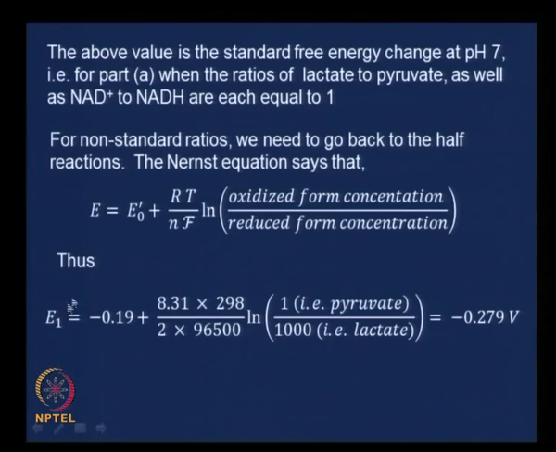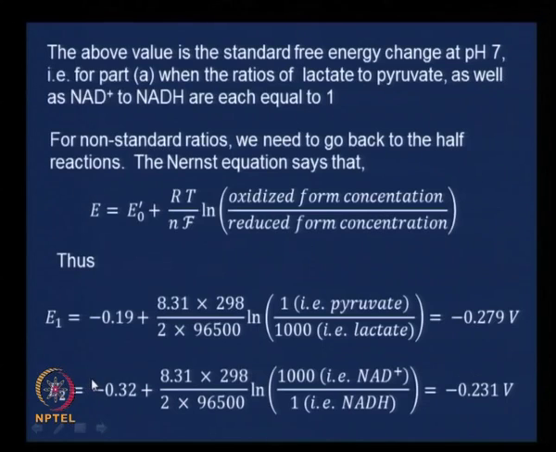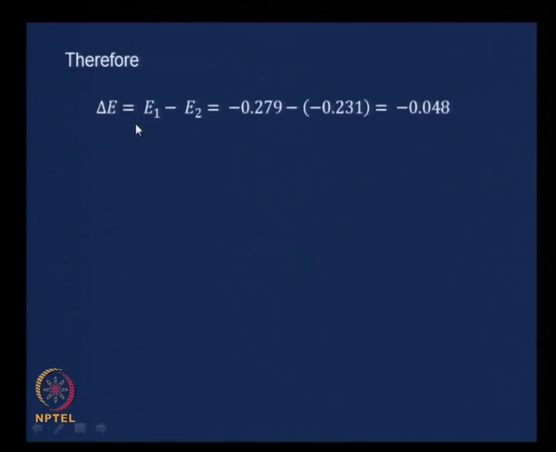Therefore E1 turns out to be minus 0.19, E naught dash, plus RT by nF substituted here, log of 1 by 1000, the ratio was 1000 of lactate to pyruvate, therefore pyruvate to lactate turns out to be 1 by 1000, which is minus 0.279 volts, and E2 in a similar fashion happens to be minus 0.231 volts, and therefore delta E is E1 minus E2, which is minus 0.279 minus of minus 0.231, which is minus 0.048.